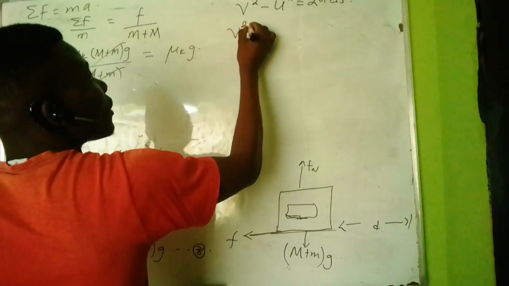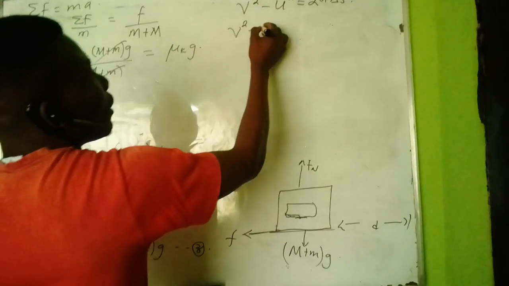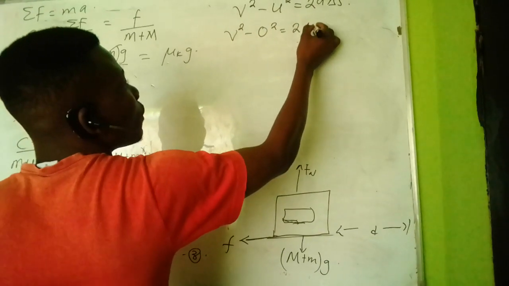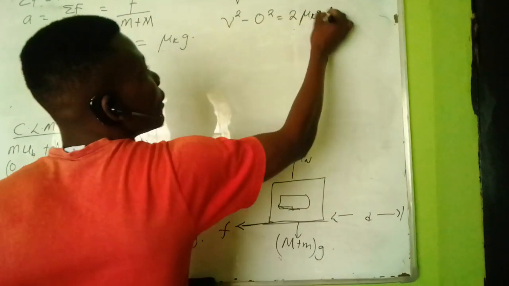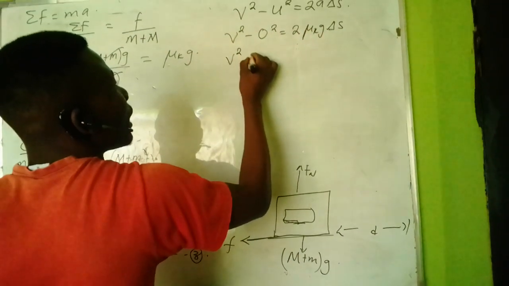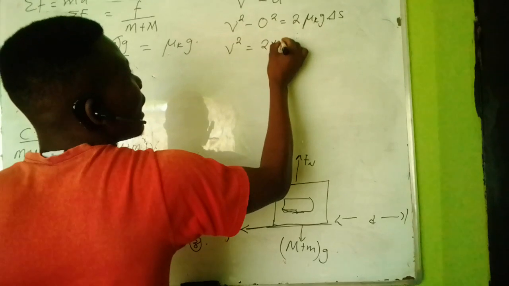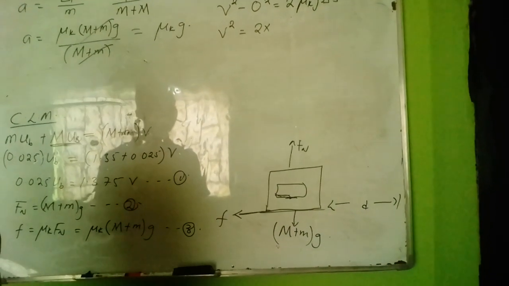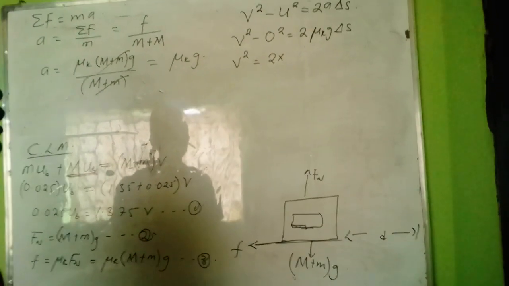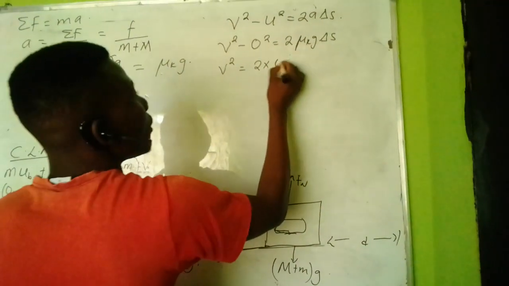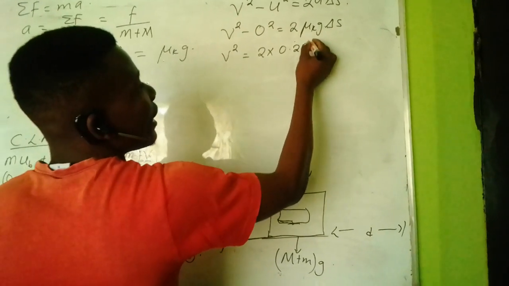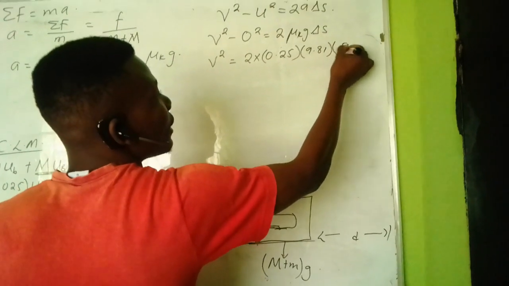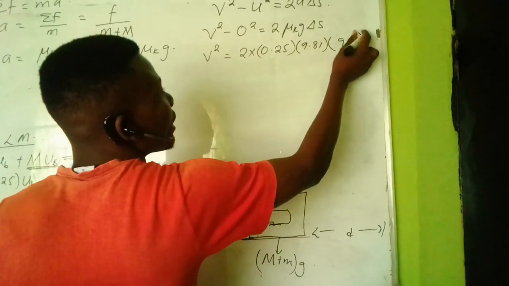So v squared equals, since it was at rest, 0 squared plus 2 mu g delta h. So v squared is 2 times the coefficient of friction, 0.25, g is constant, 9.81, and the distance, 9.5 meters.